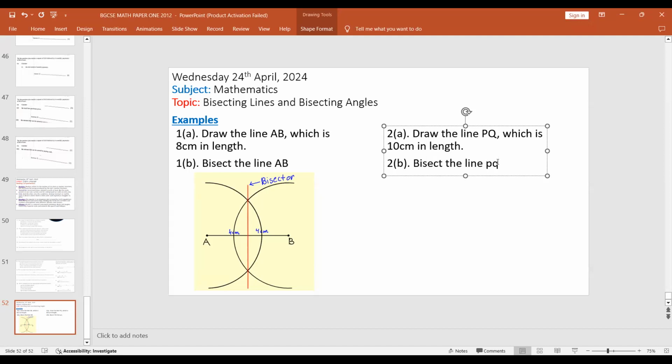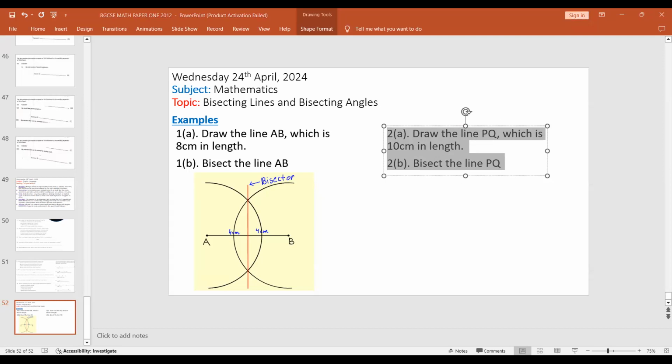Again, send me the image of your first construction.